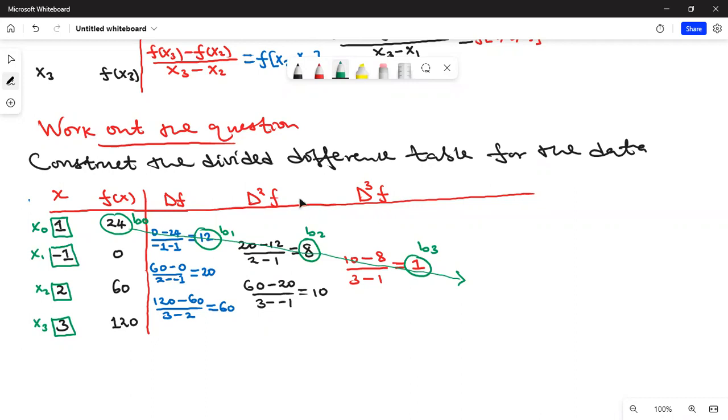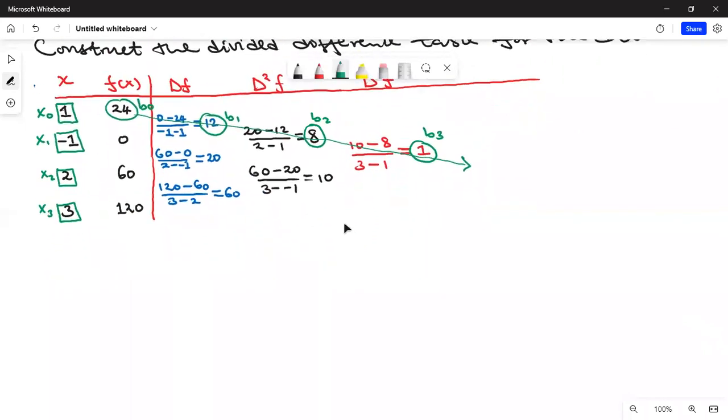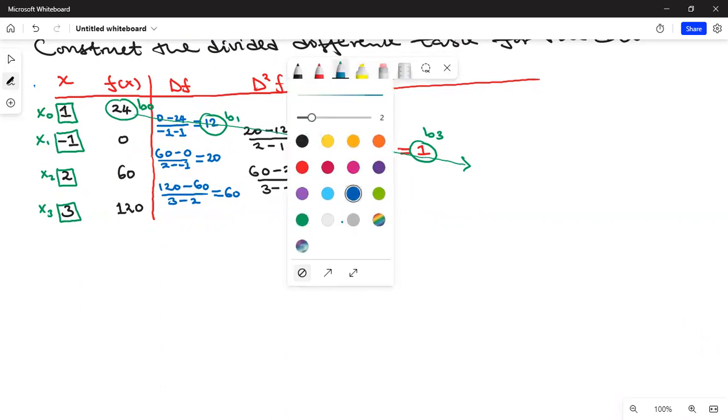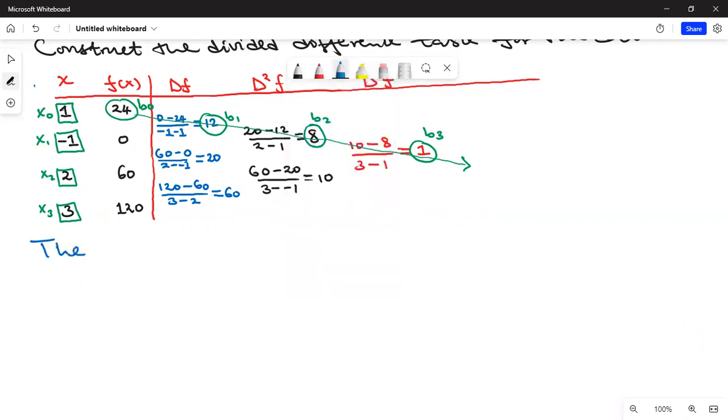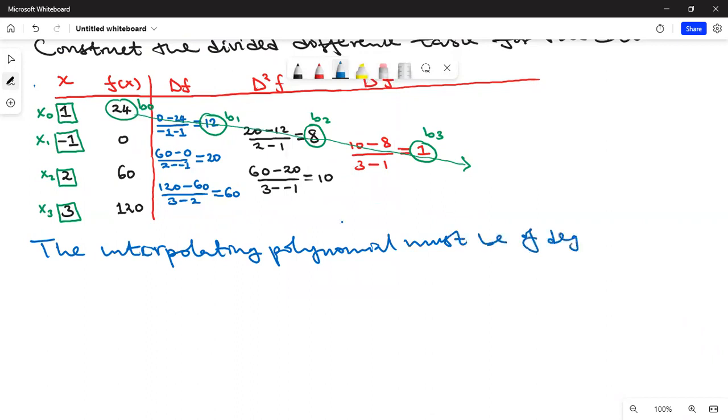So our polynomial, the interpolating polynomial, must be of degree 3, because when you do the subtractions, we go up to the third order divided difference column.